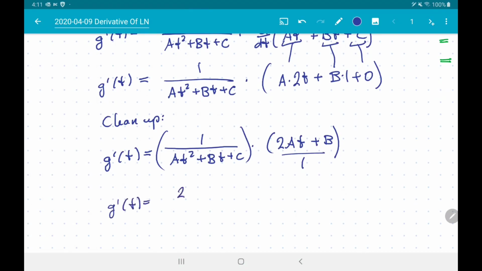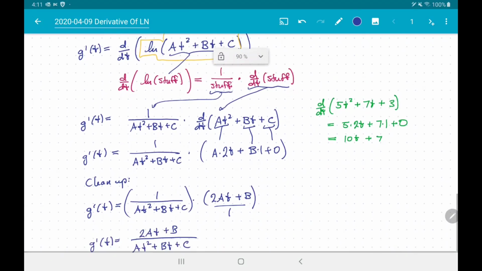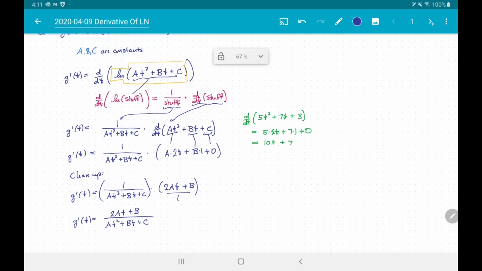That gives 2at plus b over at squared plus bt plus c. So there you go. That is the derivative of ln of at squared plus bt plus c.